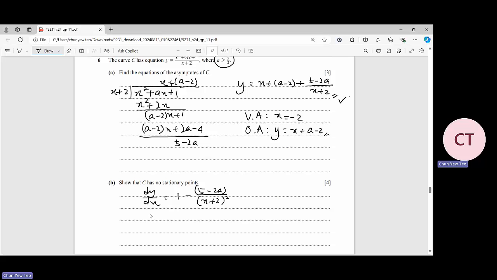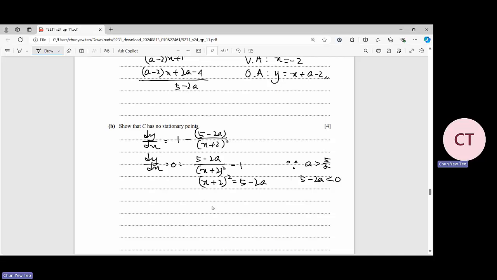Then dy/dx equals 0 in order to get a stationary point. Okay, so this one is correct. So if dy/dx equals 0, then (5 minus 2a) over (x plus 2) squared is equal to 1, which is (x plus 2) squared equals 5 minus 2a. Because a is greater than 5 over 2, 5 minus 2a is negative.